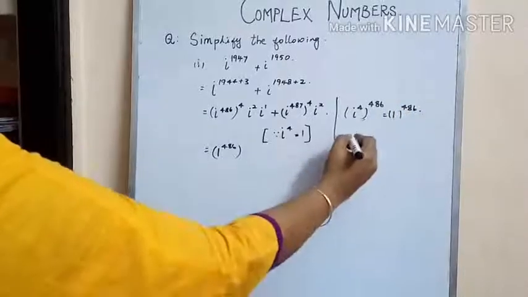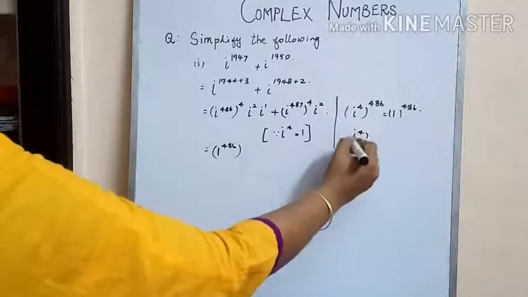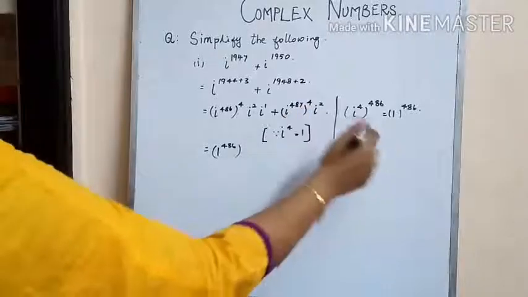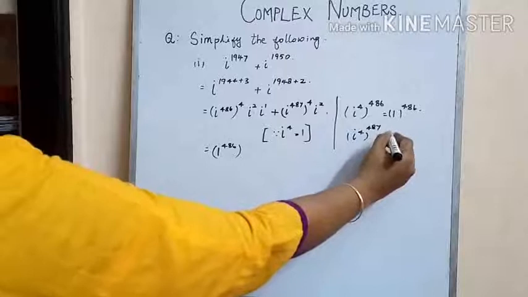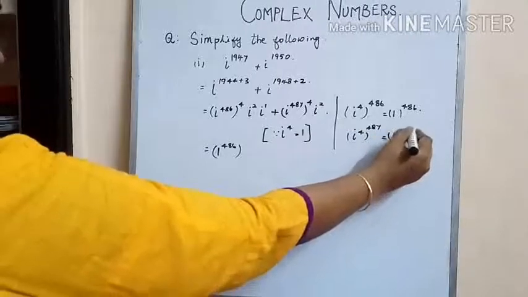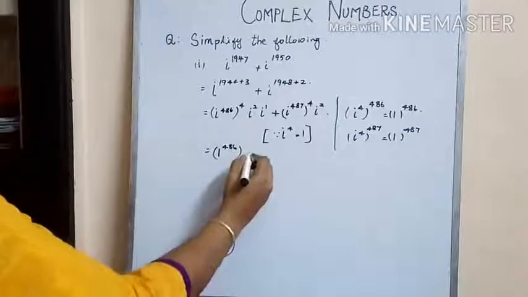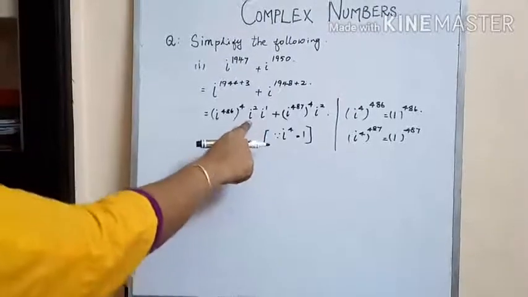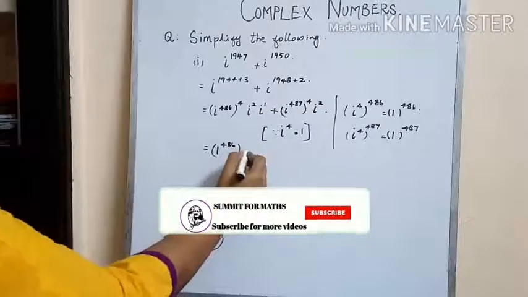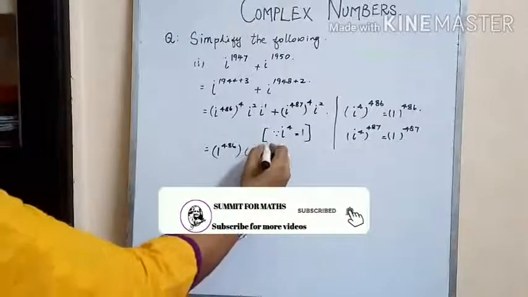Hope you understand. And the next part is i to the power of 4, whole to the power of 487, which is equal to 1 to the power of 487. And i squared is minus 1.